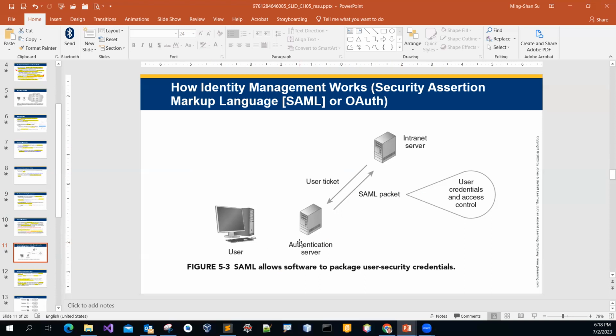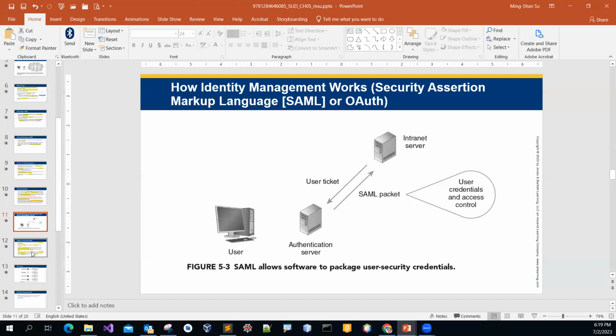And then the user can use that ticket to log into the same server or different servers. And then again, different servers will create different tickets, but those information will be kept at the authentication server site.